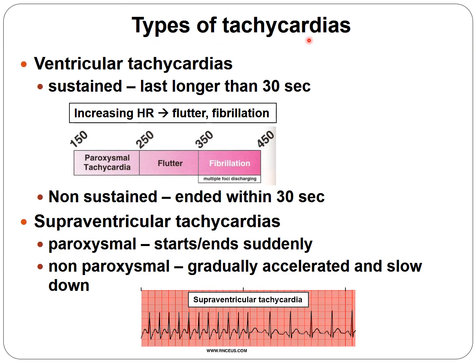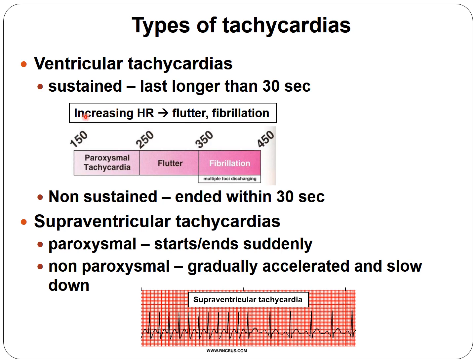Types of tachycardias. When we talk about ventricular tachycardias, they can be sustained, meaning that the tachycardic period lasts longer than 30 seconds, or non-sustained, that ends within 30 seconds.